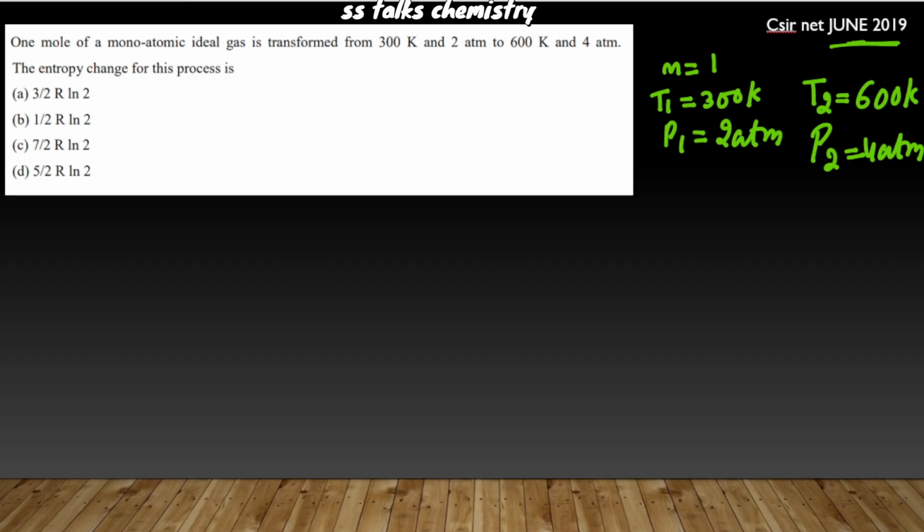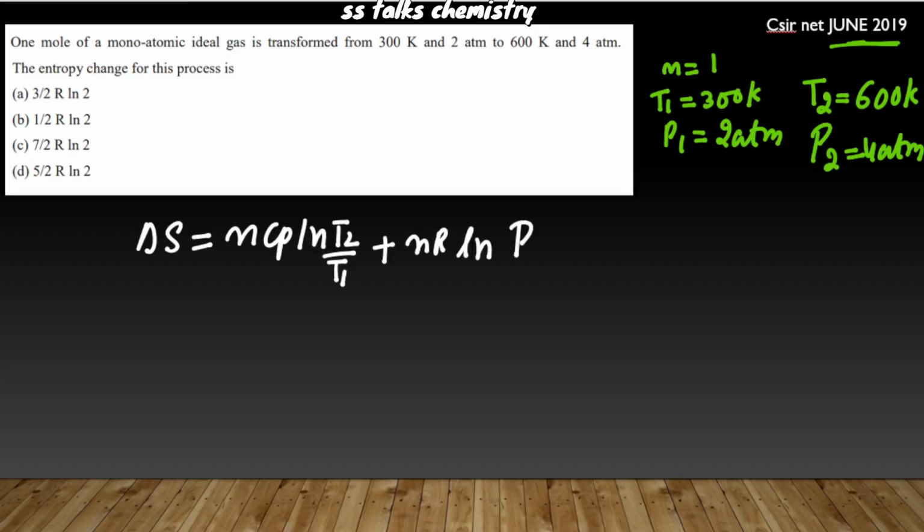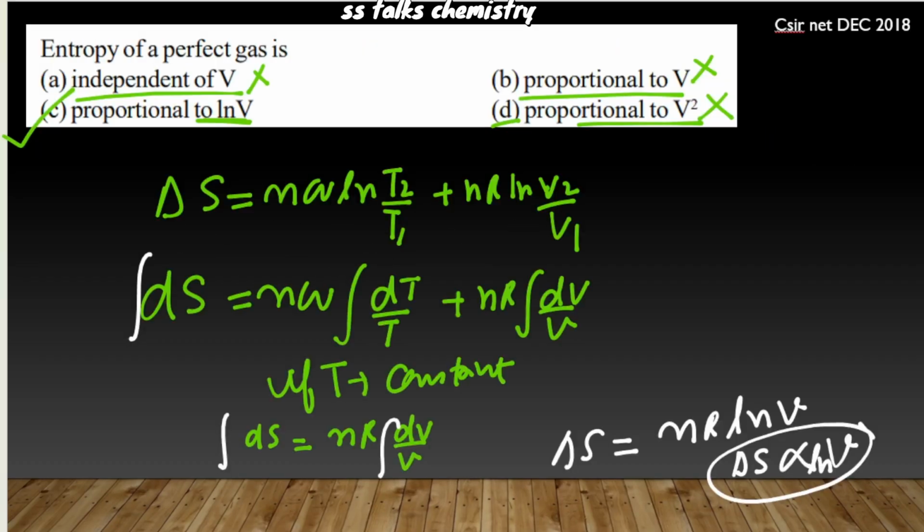Again the same formula: delta S is equal to nCP ln of T2 upon T1 plus nR ln of P1 upon P2. In terms of the volume, when we were writing, the CV term was included and it was V2 by V1, right?